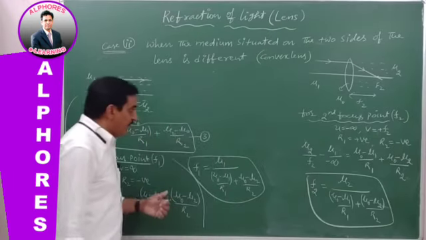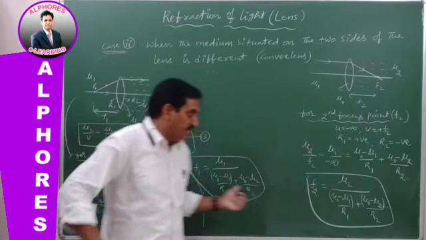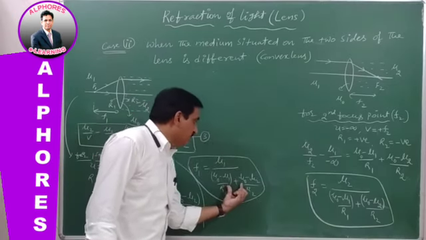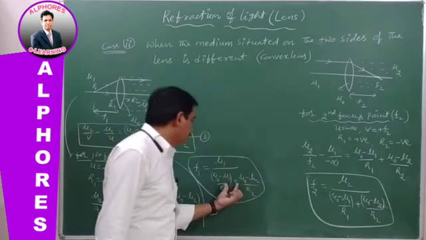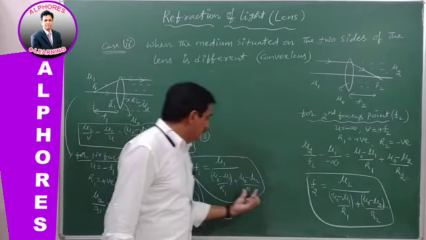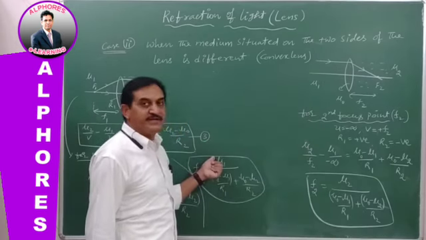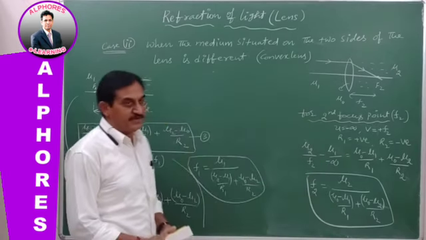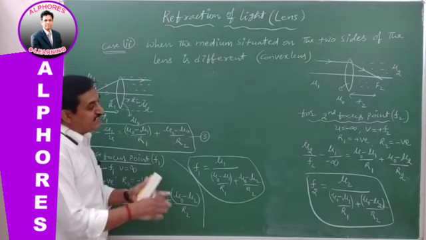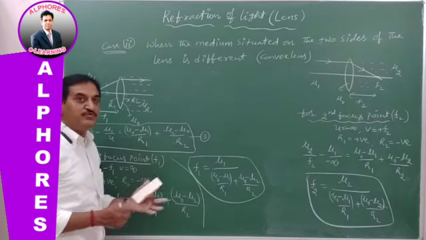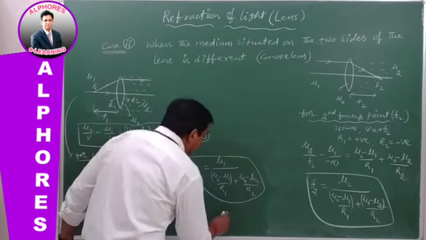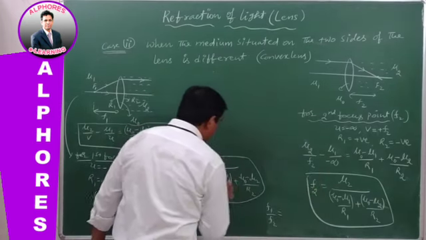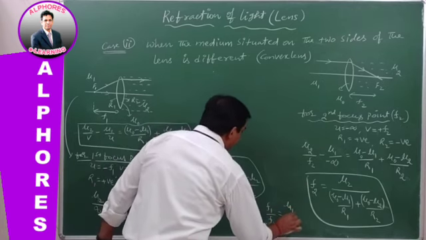When we observe these two equations, F1 and F2, it is very clear that in the denominator this term and this term are both equal. No difference at all. The difference is only in the numerator, that is mu1 for the first focus point and mu2 for the second focus point. By taking the ratio F1 by F2, directly these two get cancelled, giving mu1 by mu2.